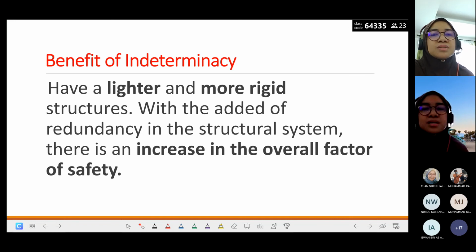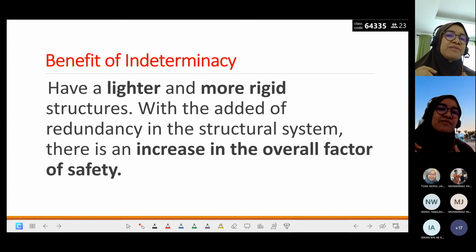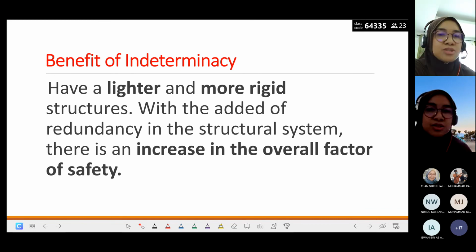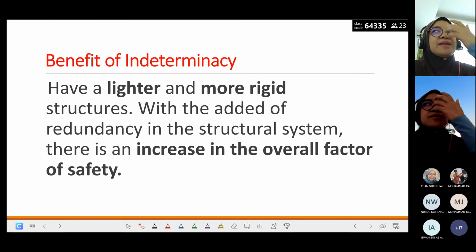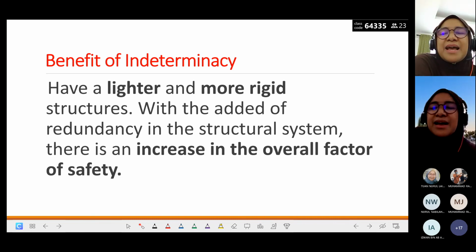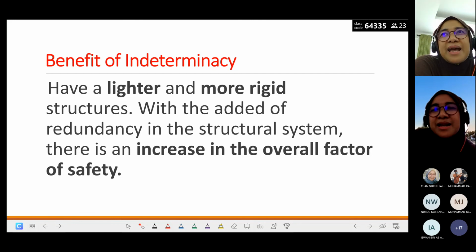Of course, when we compare determinate and indeterminate structures, indeterminate structures have more advantages compared to disadvantages. But of course, there are disadvantages as well. Do you have an idea what other advantages of indeterminate structures there are, beside the ones I have explained just now?